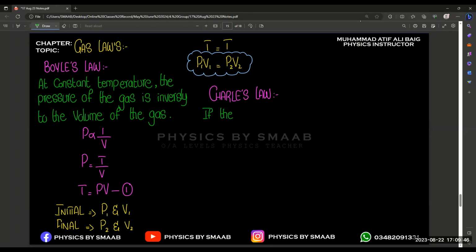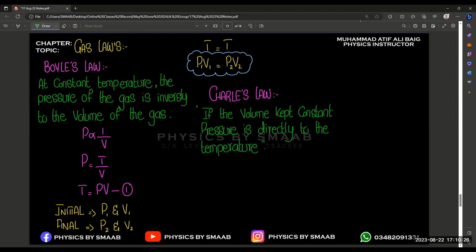So if the volume is kept constant, pressure is directly proportional to the temperature. So this is the law.